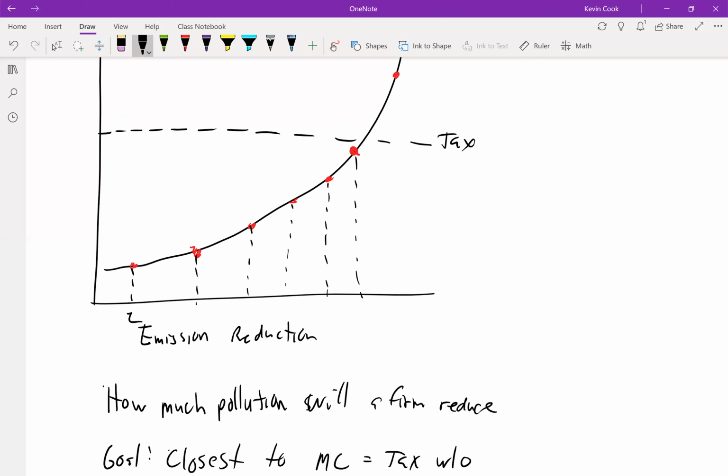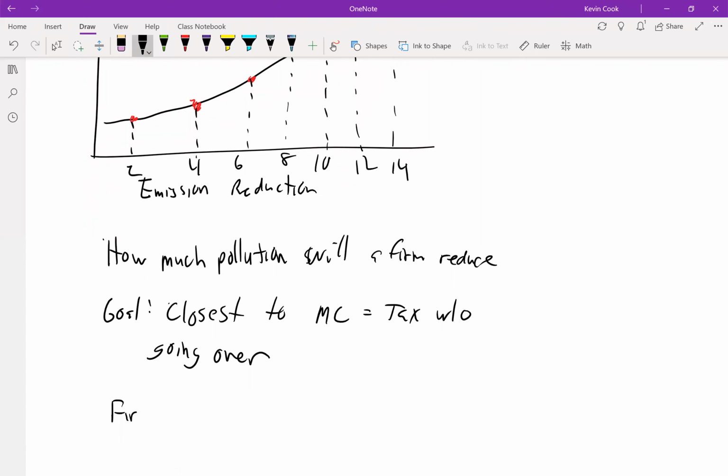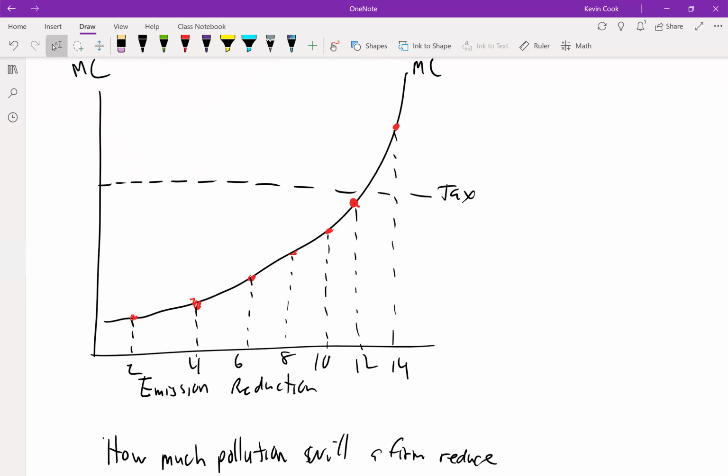So if we had, say, 2, 4, 6, 8, 10, 12, 14, in this case, we would say that the firm will clean up 12 pounds of pollution. Because if they did anything more than 12, they'd be better off just paying the tax. But anything less than 12, they're fine to just clean up because it's cheaper than paying the tax.